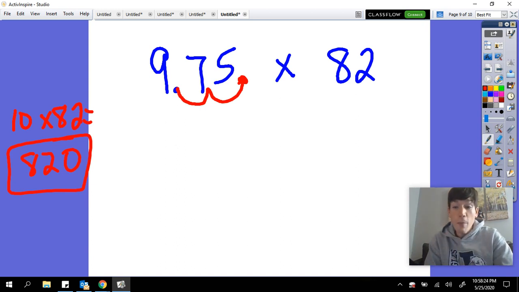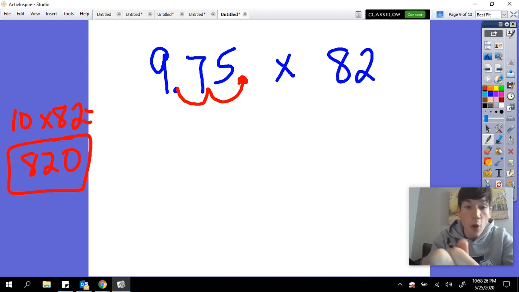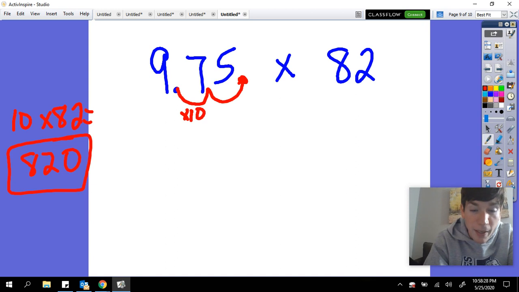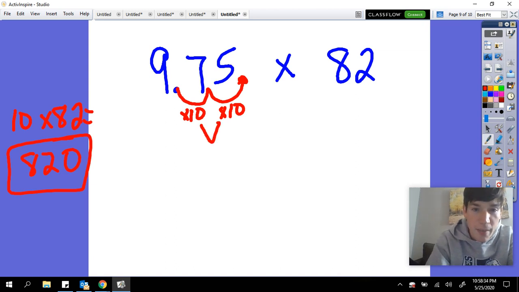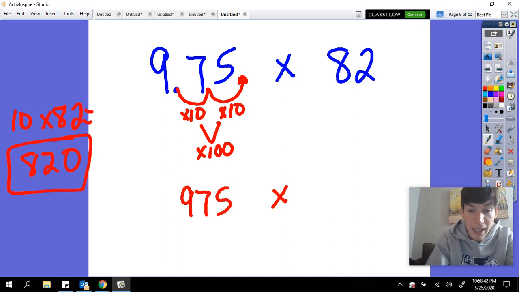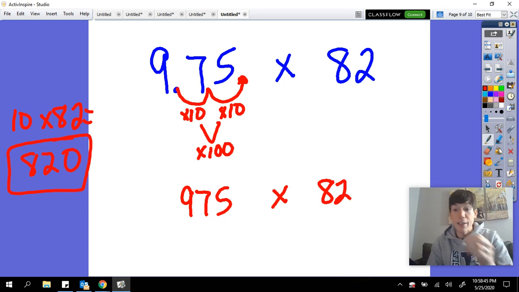From before, we talked about moving a decimal over once is like multiplying by 10. So moving it over twice is like multiplying by 10 twice, which is the same thing as multiplying by 100. If we do that in this case, we would have 975 times 82.